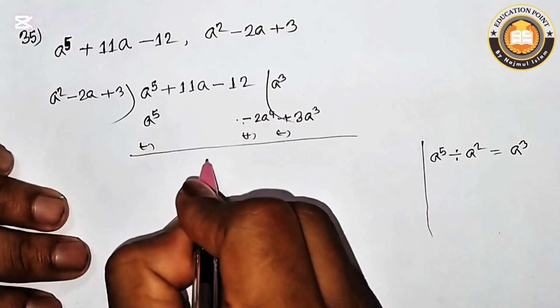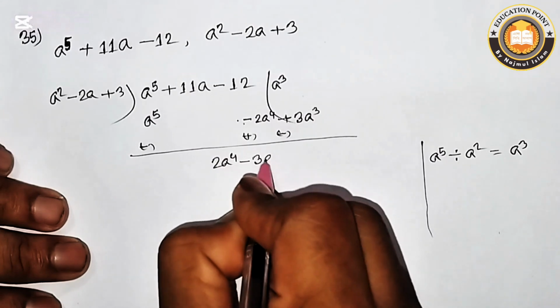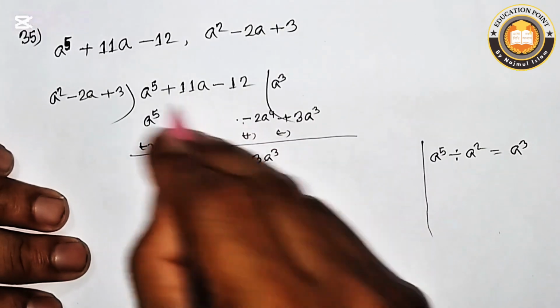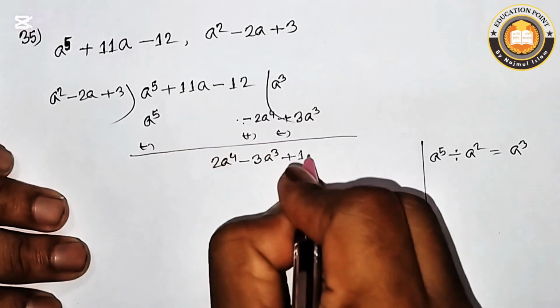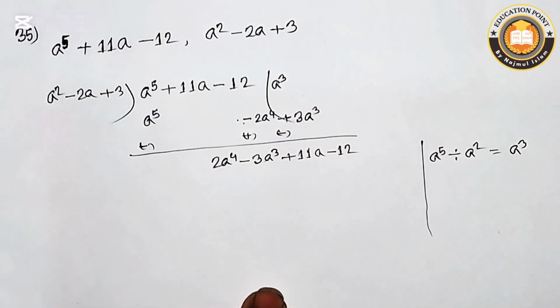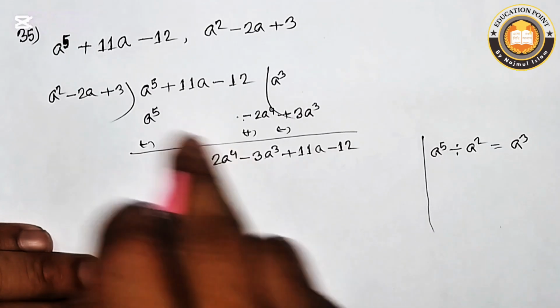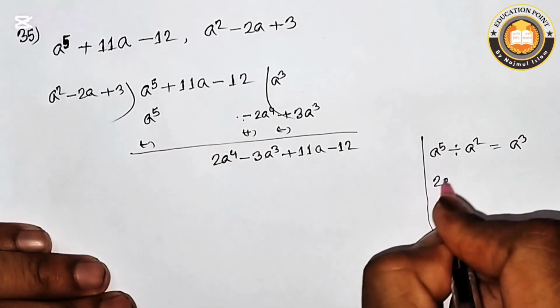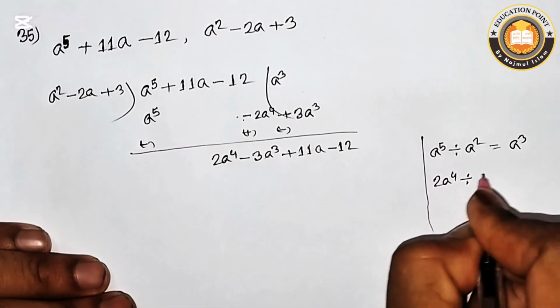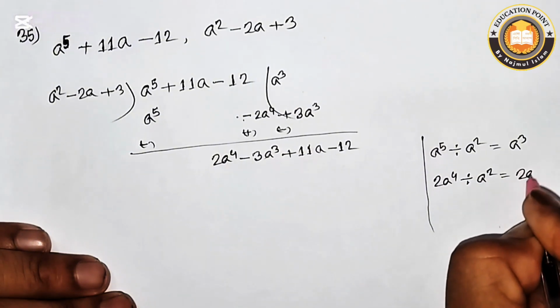Now we can write 2a to the power 4 minus 3a cube, then plus 11a, then minus 12. Now 2a to the power 4 divided by a square equals 2a square.